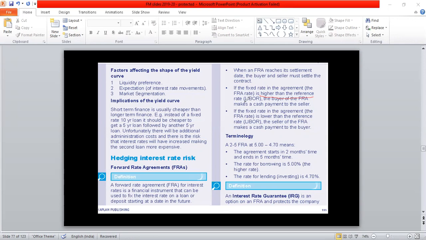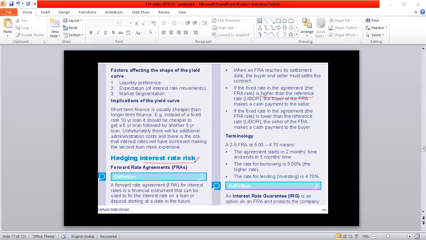The buyer of the FRA makes a cash payment to the seller. If the fixed rate in the agreement is lower than the reference rate, the seller of the FRA makes a cash payment to the buyer. So two parties enter into an agreement, a buyer and a seller.